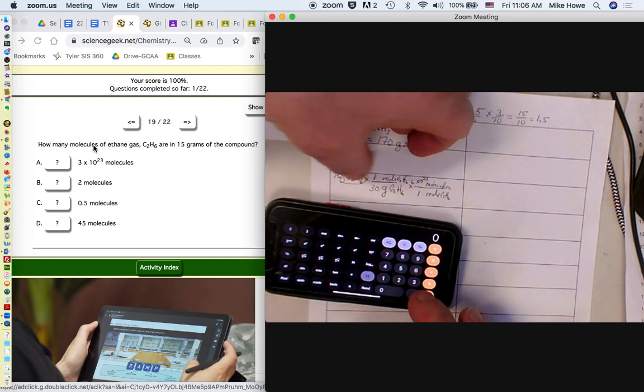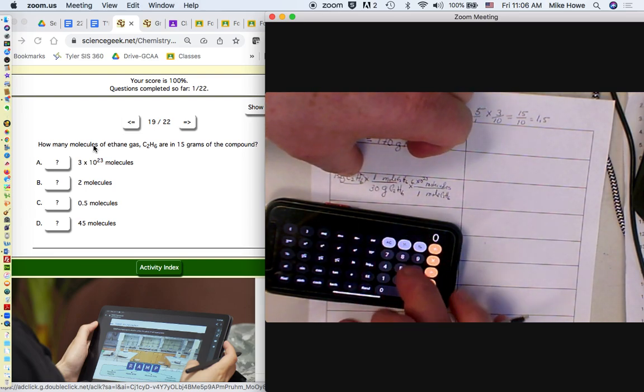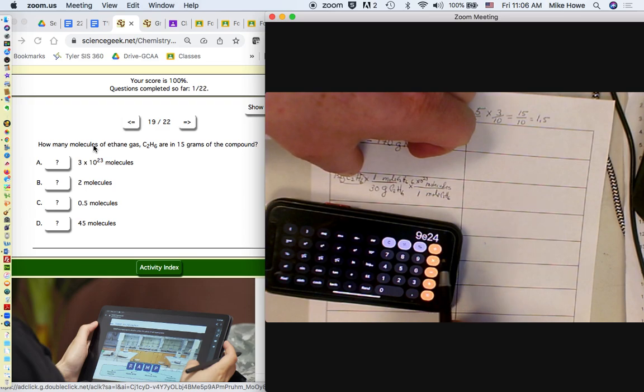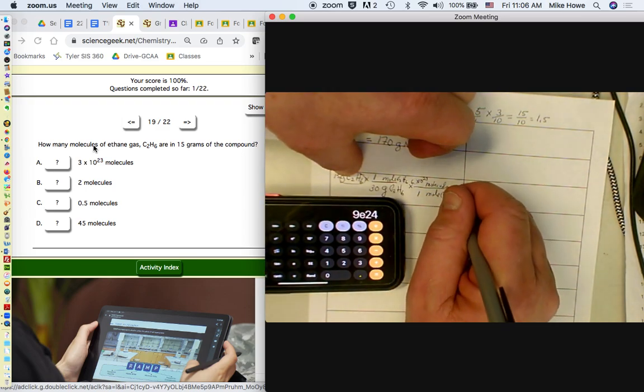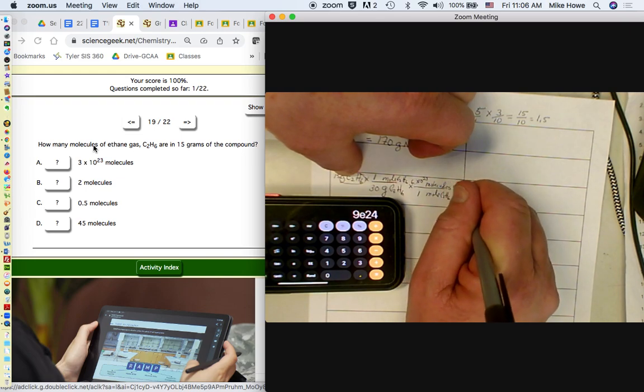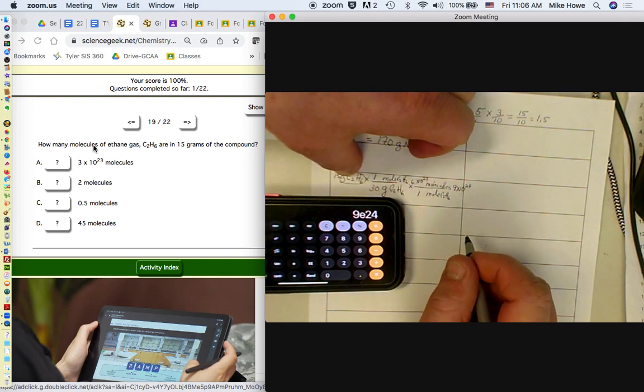Whoops, I didn't look good. So let's go ahead and start fresh. So 15 times 6 EE 23. That gives you 9E24. So 9E24 really means 9 times 10 to the 24th power.